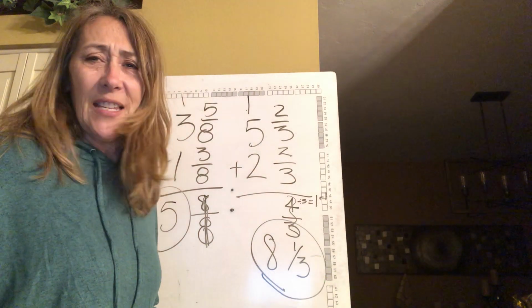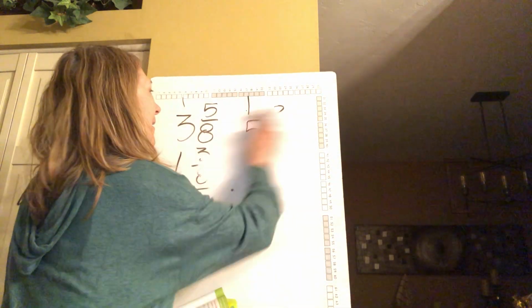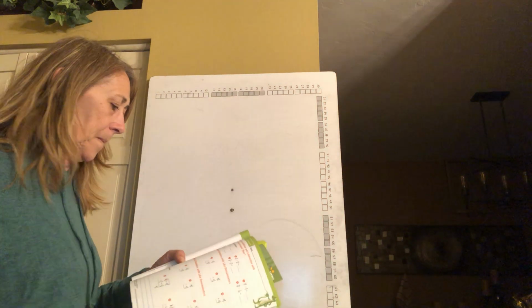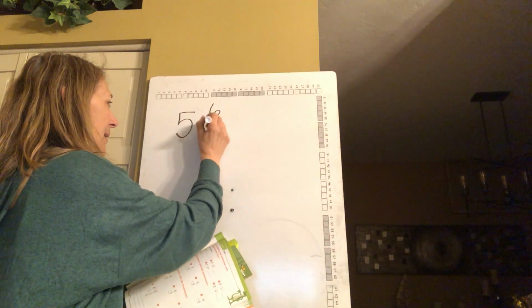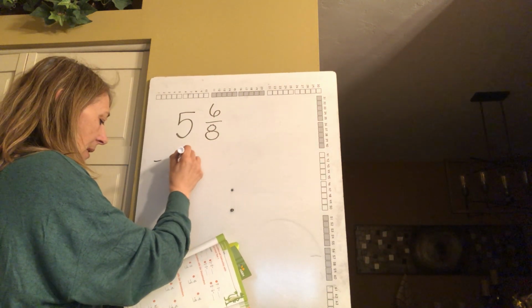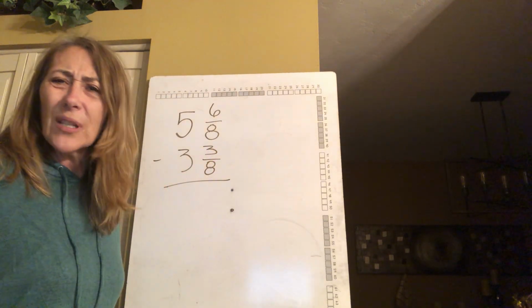Now let's go down to the next ones. Number 11. 5 6/8 minus 3 3/8. Now we're subtracting.